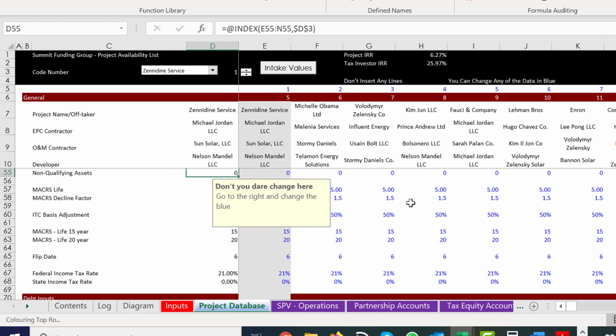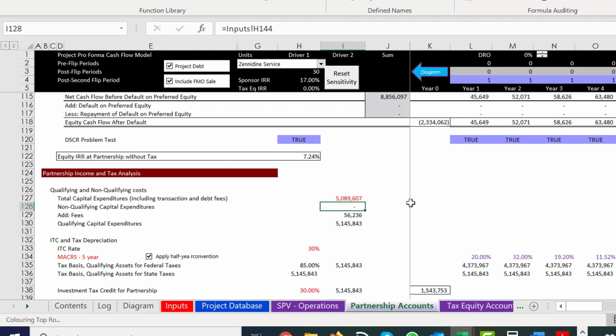Oops, nope, that F5 only works once. Sorry. Okay, and then when we're finished, we take away our non-qualifying, which could even be the fees. Okay. Remember, don't change this. Change this only in the database. Don't change it when you're not supposed to.